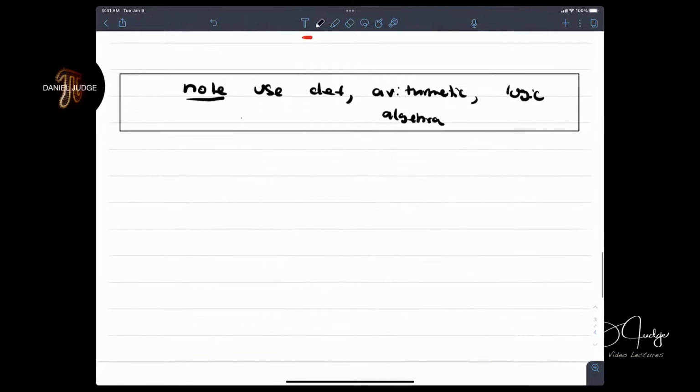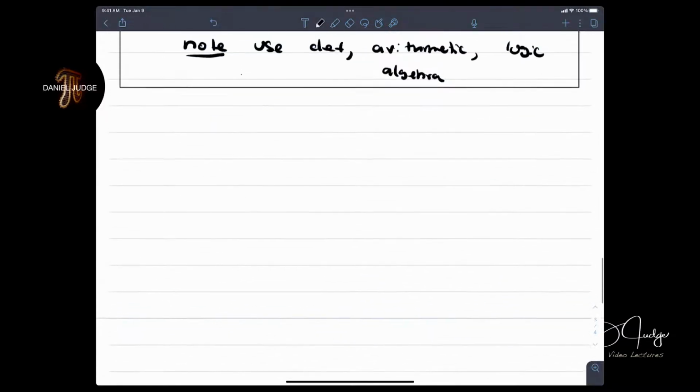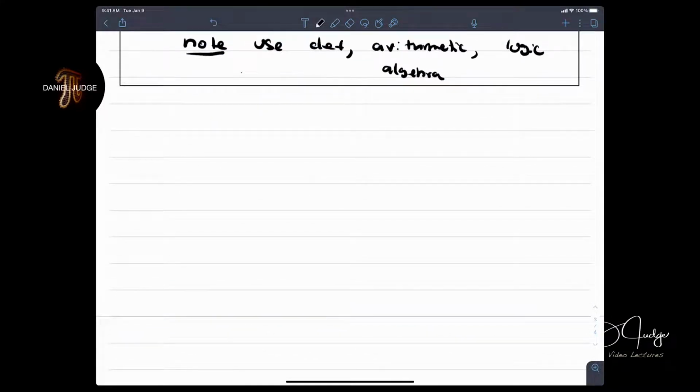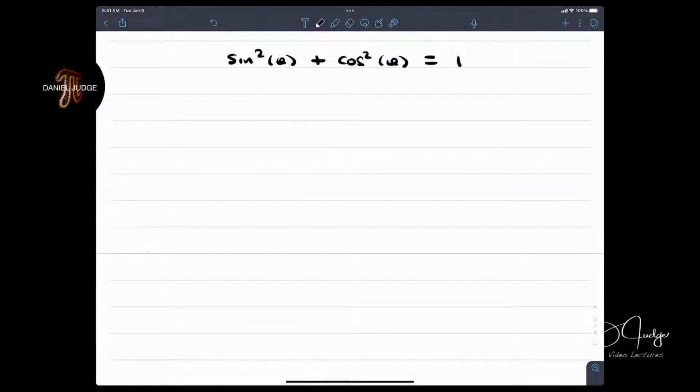Okay. Also, ladies and gentlemen, some of these identities you definitely have to know. Like if I say to you, Pythagorean theorem, or the Pythagorean identity, sine squared theta plus cosine squared theta is 1. Okay? Sine squared theta plus cosine squared theta is 1.